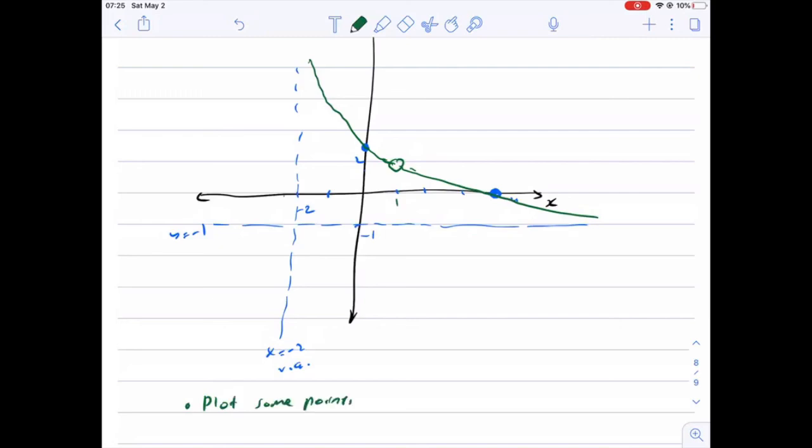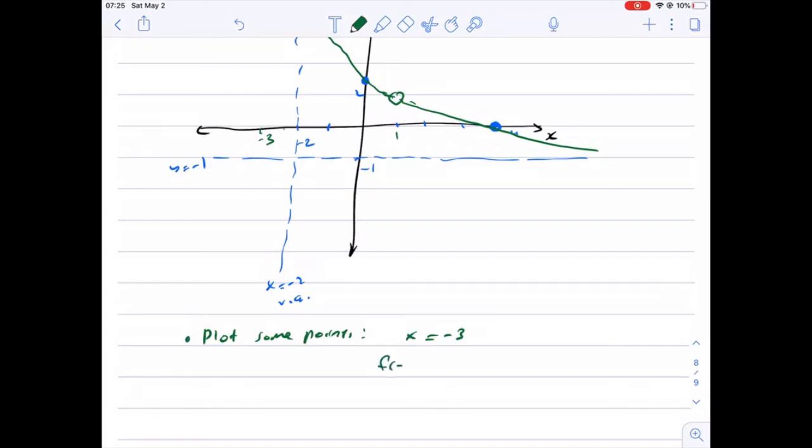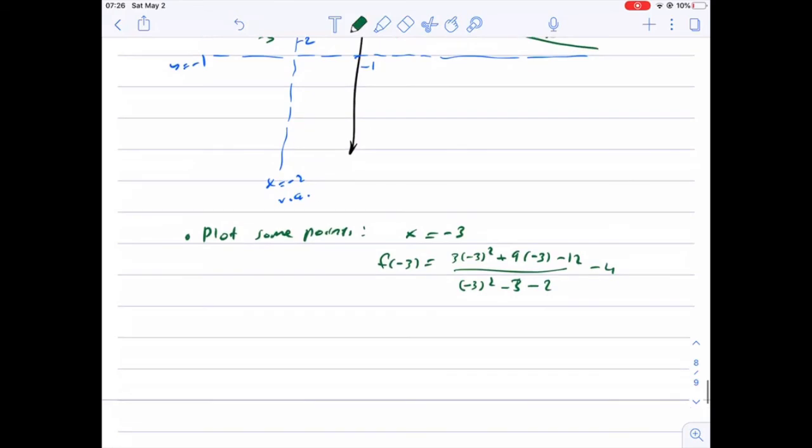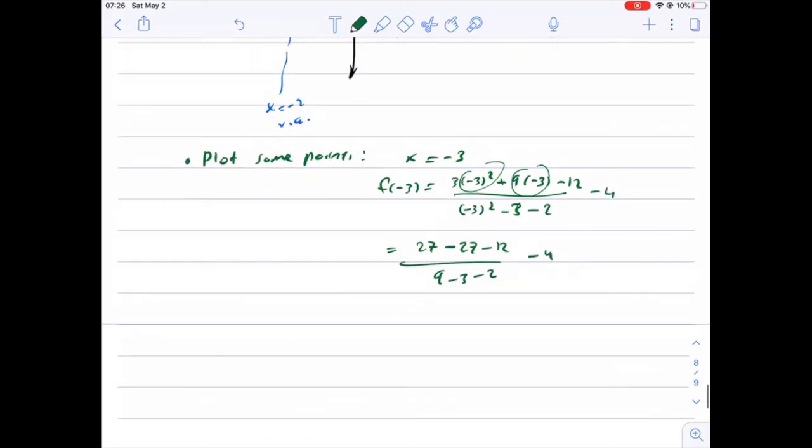And now we choose some values, plot some points. So we choose some points here. Let's choose -3. When x equals -3, we need to determine f of -3. So this is 3 times -3 squared plus 9 times -3 minus 12 over -3 squared minus 3 minus 2 minus 4. Now this is 27 minus 27 minus 12 over 9 minus 3 minus 2 all minus 4. This is 0.